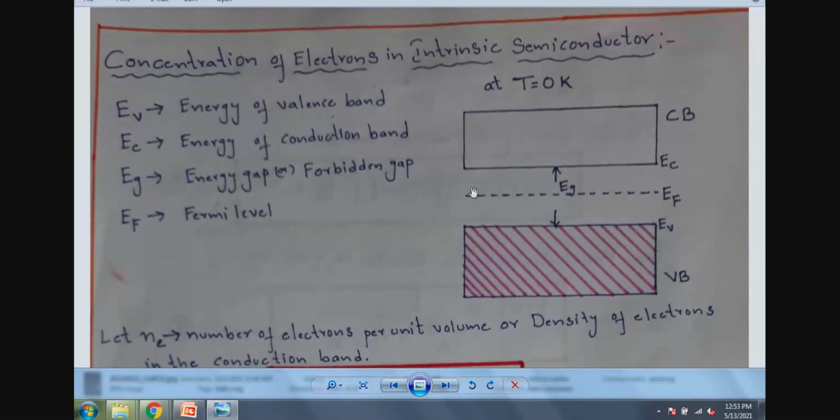Why? Because the number of electrons in the conduction band is equal to the number of holes in the valence band. Okay, so this is a position. You not only find the position, you have also formulated the equation for how to find the Fermi level in intrinsic semiconductor, right?